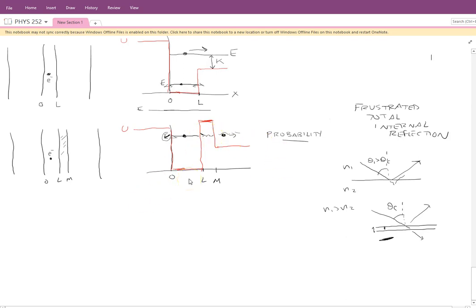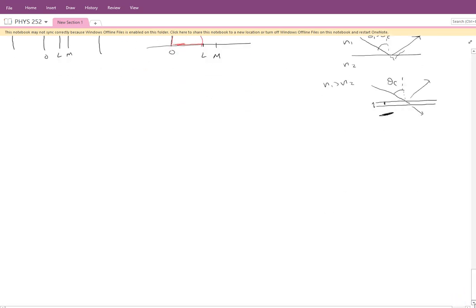Another nice application of quantum tunneling, one that I wanted to mention, is a scanning tunneling microscope. I don't know if you guys have heard of a scanning tunneling microscope. You may have heard of a scanning electron microscope. That's an older technology, known as an SEM.